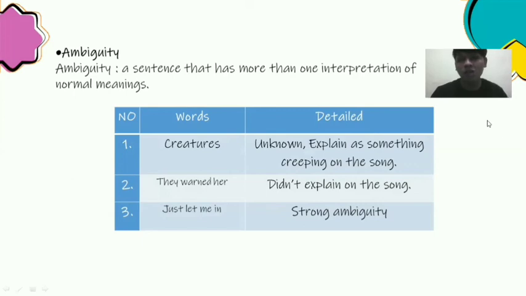Like how exactly do you get into someone, jadi ini sangat ambigu gitu loh. Gimana caranya dia masuk ke orang, apakah dia makhluk halus atau setan gitu, or ghost in this situation. So that's why I put it in ambiguity. Okay, next.